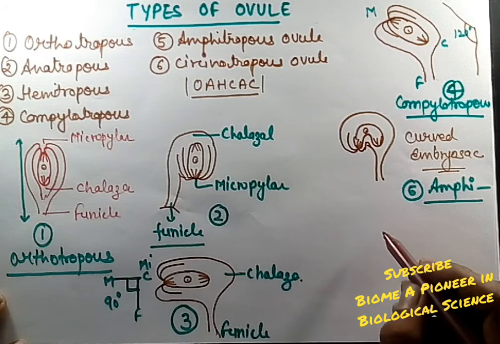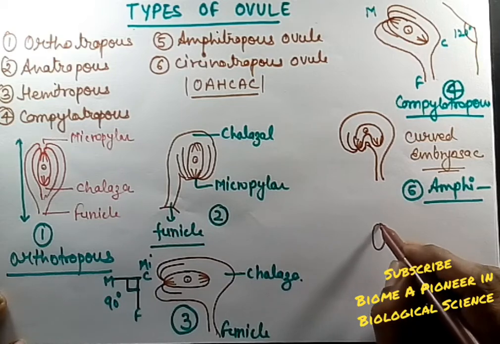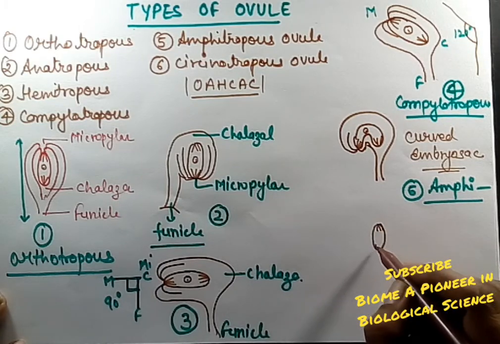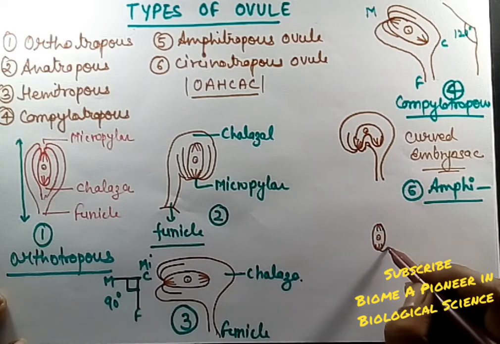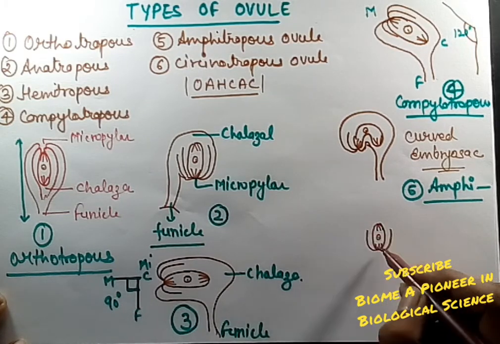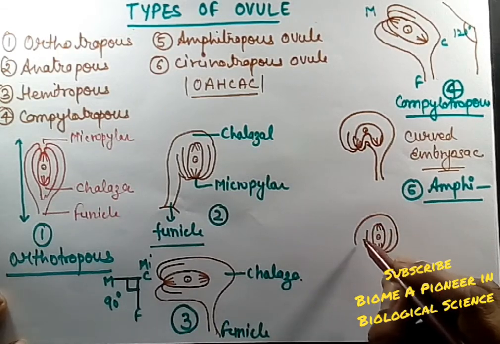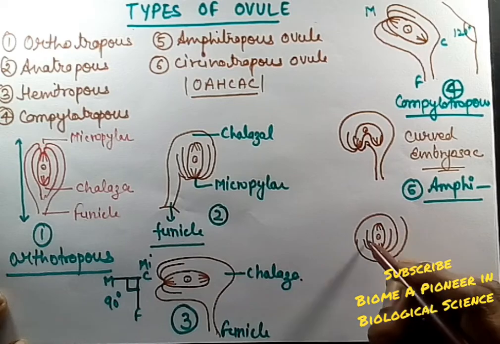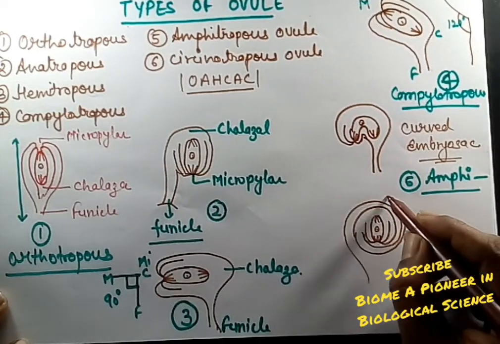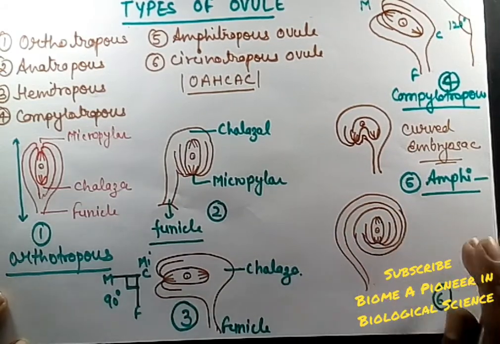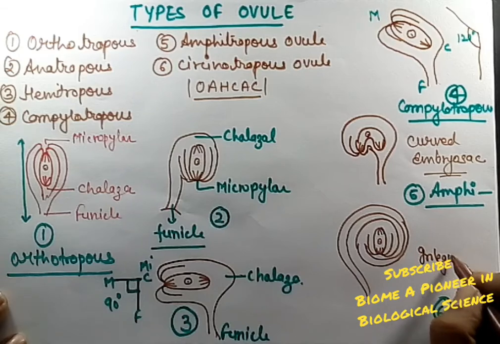Now what is circinotropous, the last one? See the structure. 3 cells. Integument covered.